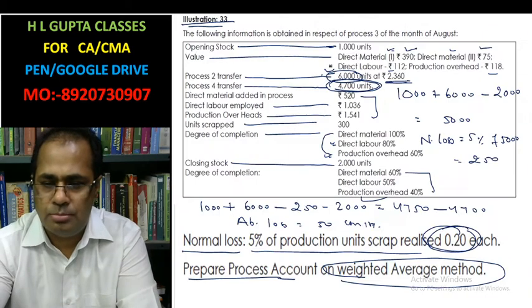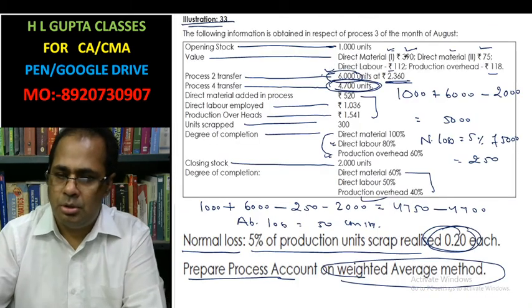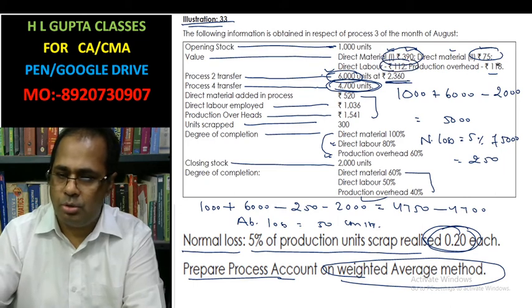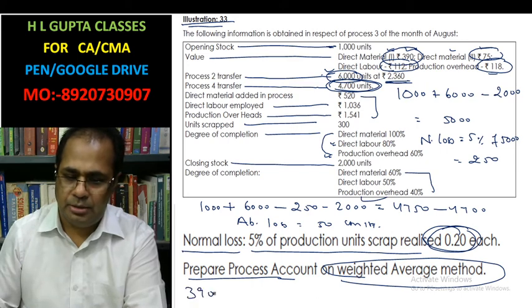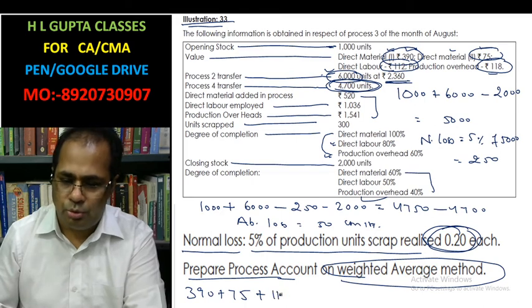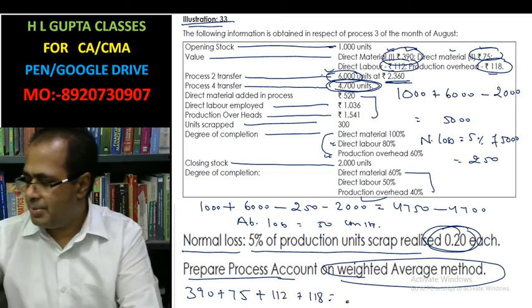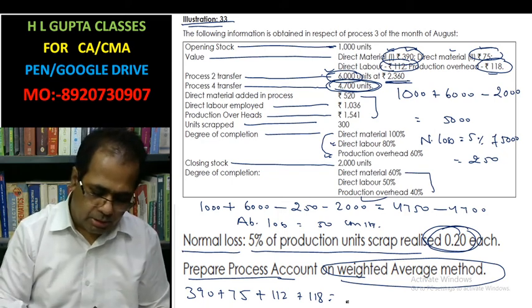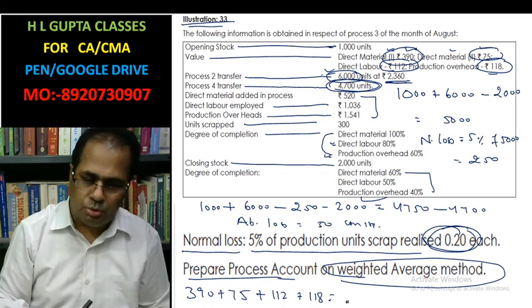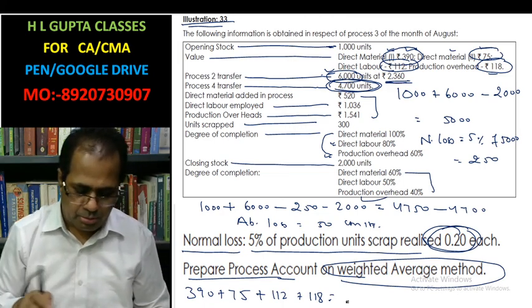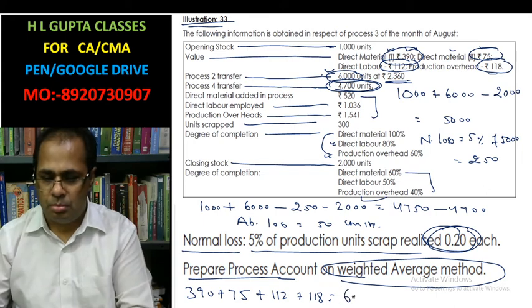Opening stock cost: 390, 75, 112, 118. After adding this, how much amount will you get? 390 plus 75 plus 112 plus 118 is 695. This is the cost.